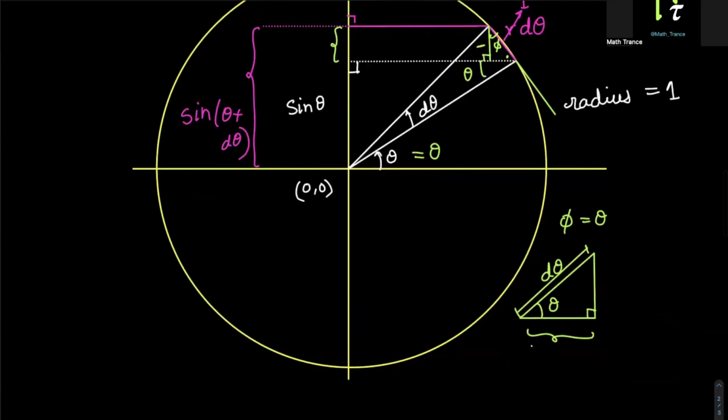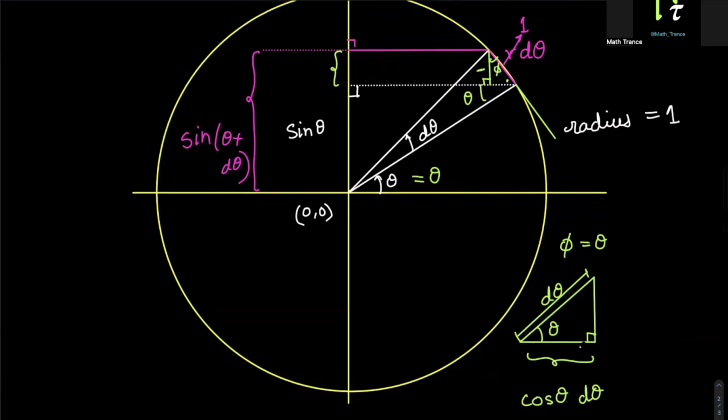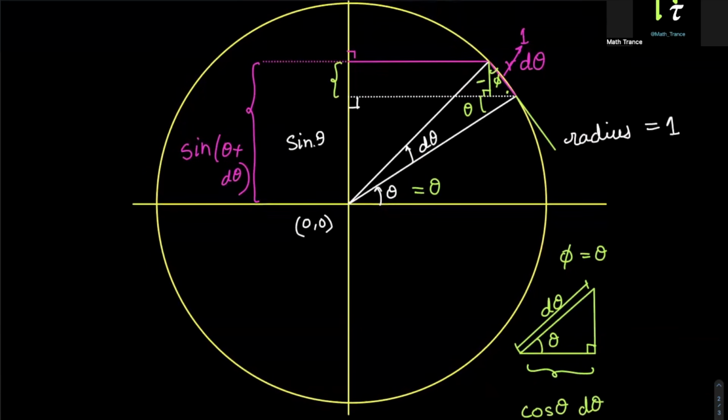This length is equal to cos theta d theta, right? And you can see that from this point it has increased to this much when you increase the angle by a small amount, right?